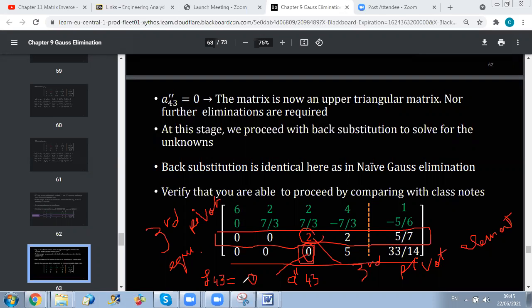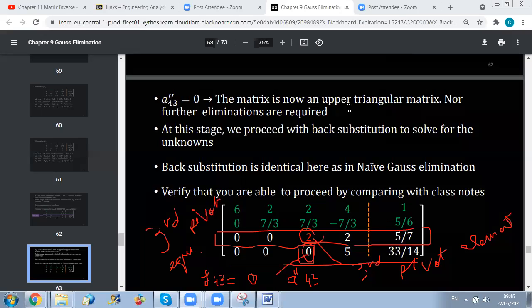This is an advantage because the element is already 0. No need to do any changes, this equation will remain as it is and I am done. I have transformed my matrix from a full matrix form to an upper triangular form. Exactly, we don't need to continue.